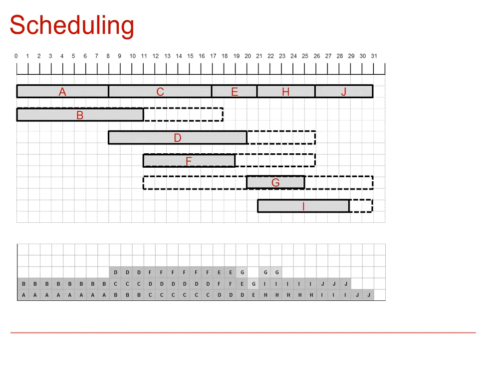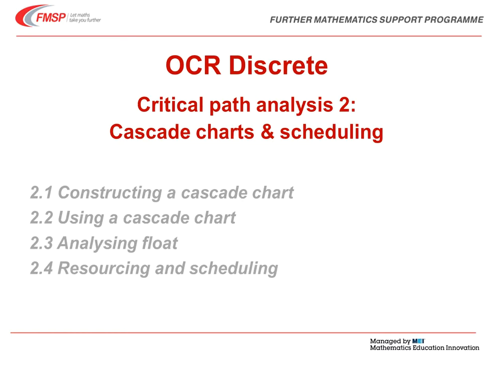And you can see here that those 4 blocks for G have been moved along from where they were, and therefore that we can see that 3 workers is sufficient for the whole project. This is the last video of the CPA 2 series.